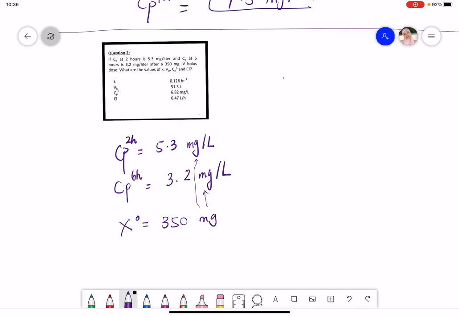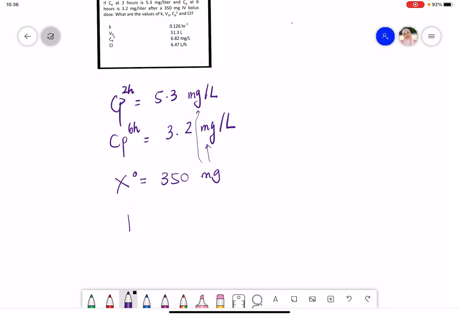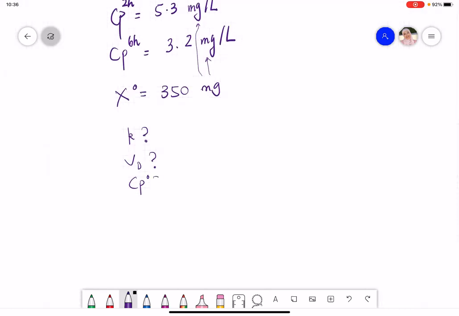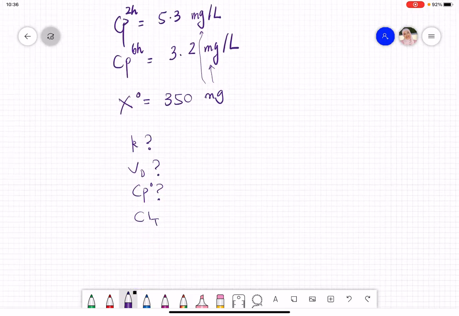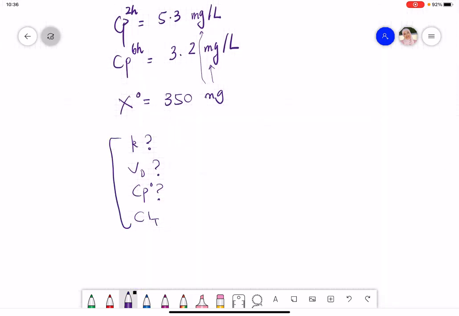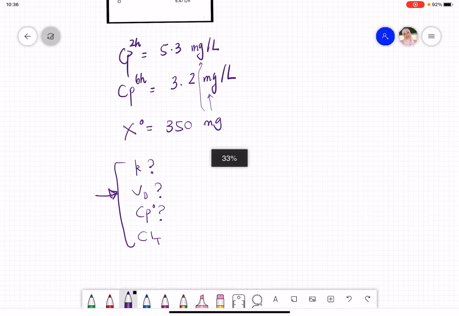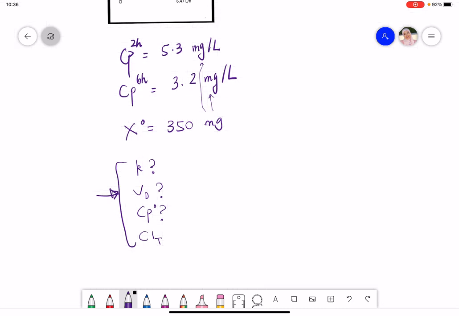What are the values of K, VD, Cp naught, and total clearance? So those are the main parameters that we usually define, and you should be able to calculate them as quickly as you can to make it easier for you in the exam to go through other requirements or other parts of questions.